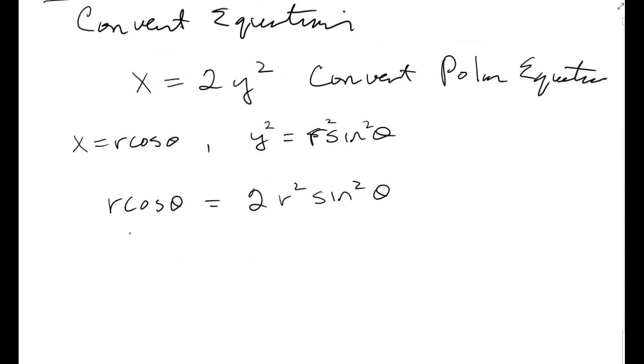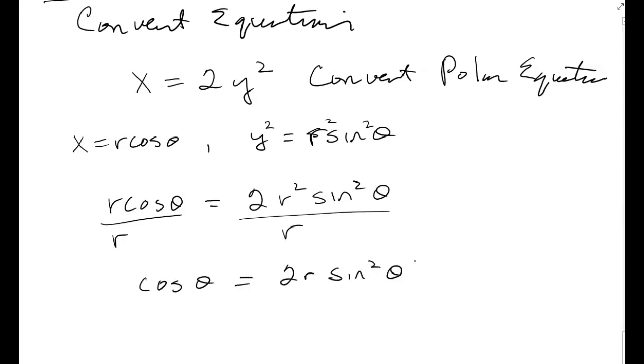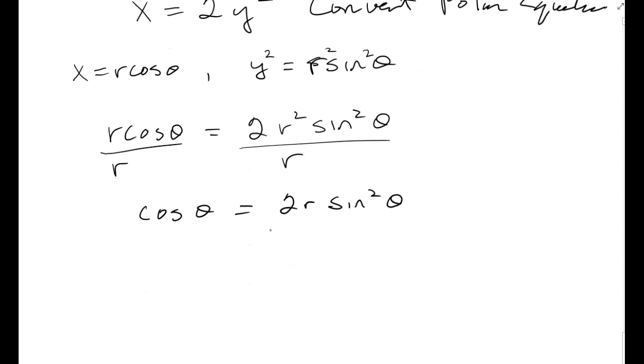So to get my function, I want to solve, so I'm going to get rid of r squared on this side. Actually, that doesn't work, so get rid of r on that side. Now I'm going to get r by itself, get rid of 2 sine squared theta.